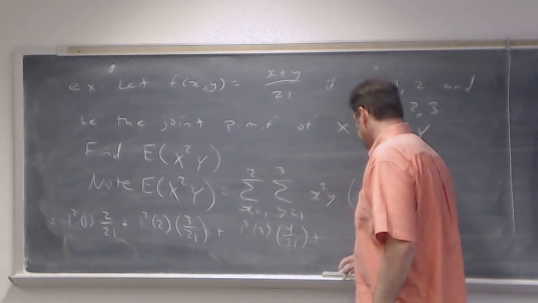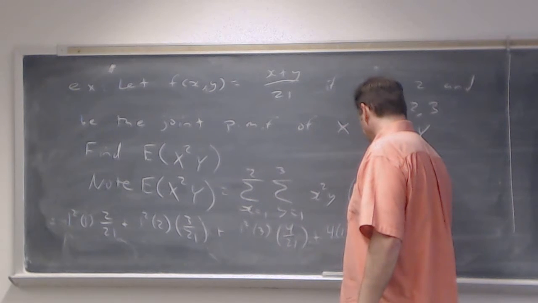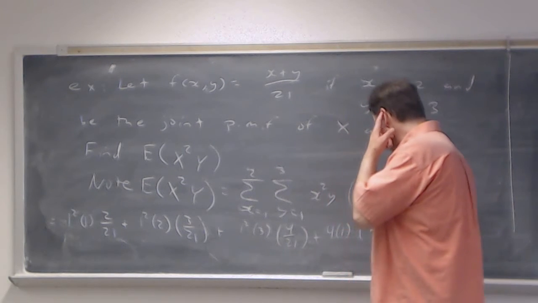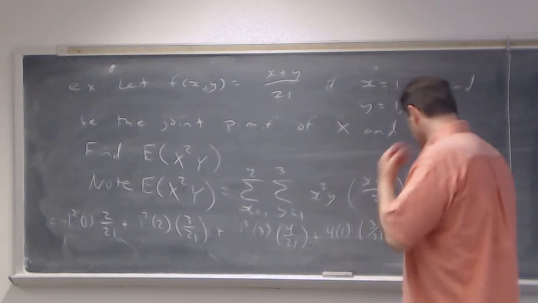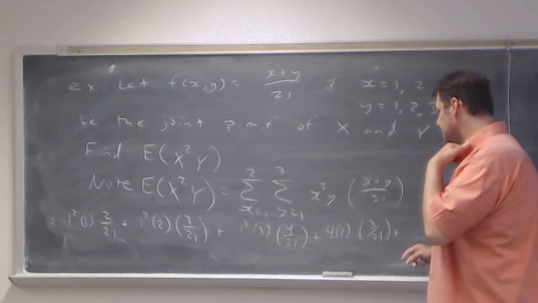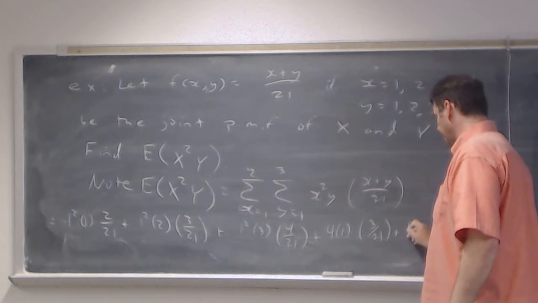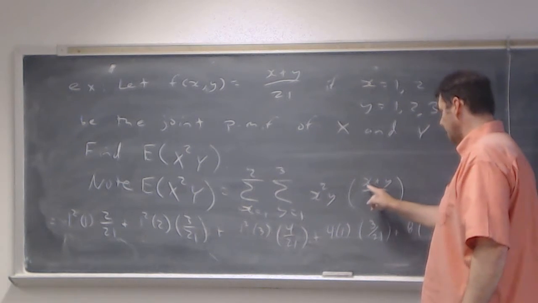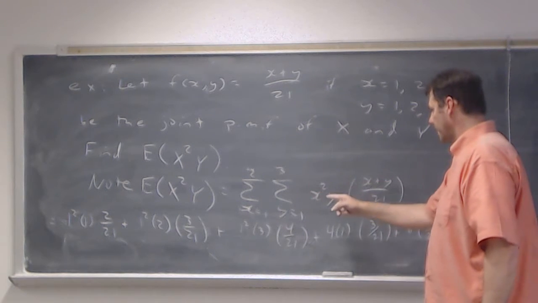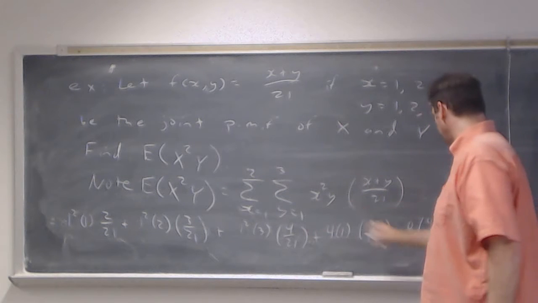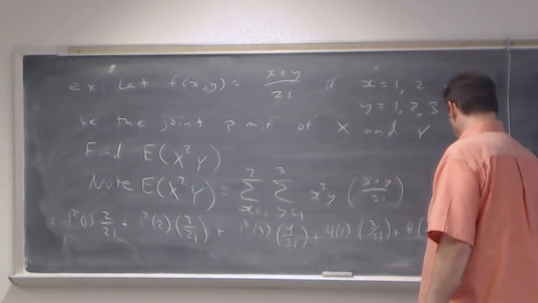Plus, now when x is 2, I'm going to do this a little faster. This is 4 times 1, and then this is going to be 3 over 21. Plus, when x is 2 and y is 2, I get 8, and then remember 2 and 2, this is 4 over 21. And finally, when x is 2 and y is 3, this is 12, and here we have 5 over 21.